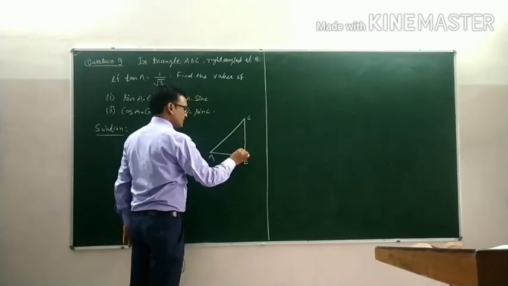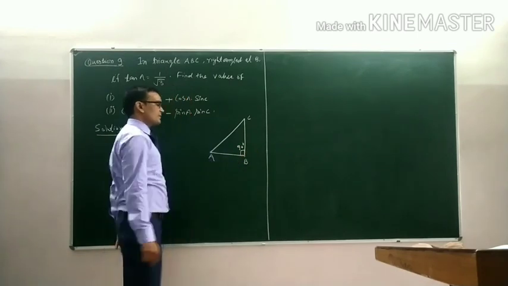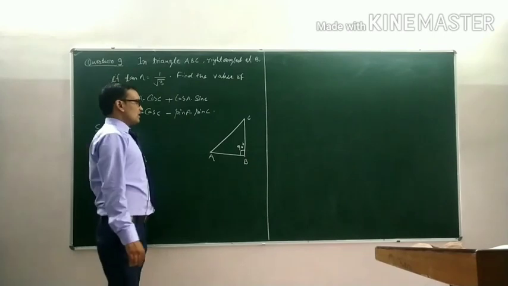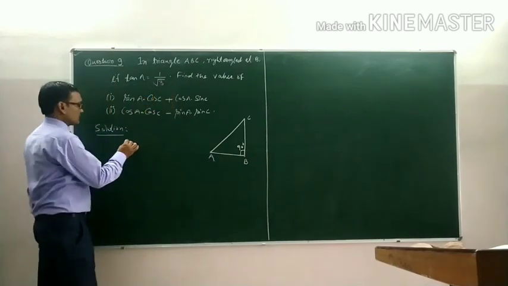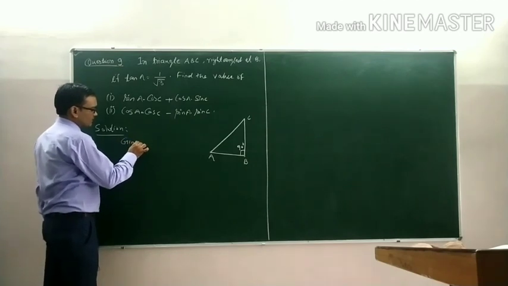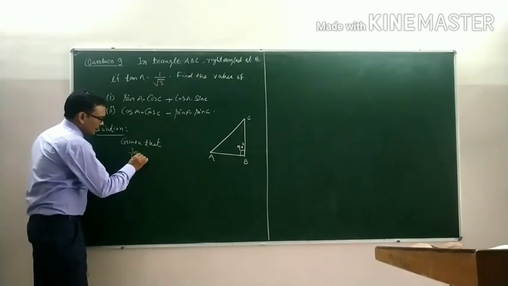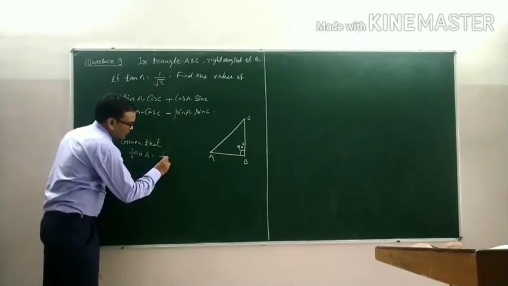Here given that B is the right angle, that means B is the right angle, and given that tan A equal to 1 upon square root 3.